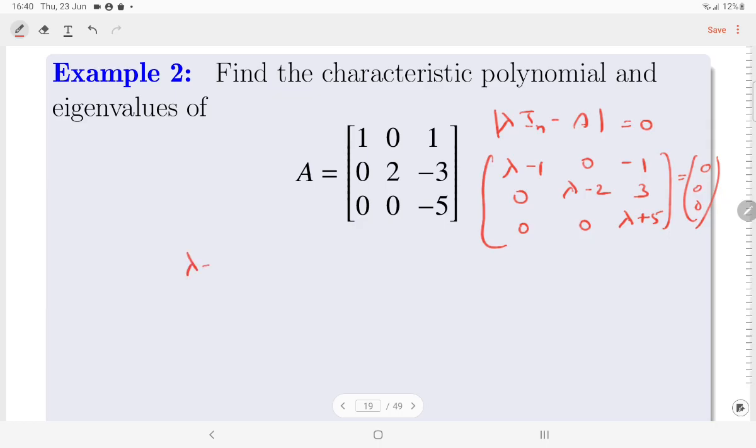So this gives me (lambda minus 1)(lambda minus 2)(lambda plus 5) equal to 0, which is the characteristic equation. (Lambda minus 1)(lambda minus 2)(lambda plus 5) is the characteristic polynomial, and this gives me the eigenvalues to be 1, 2, and minus 5.